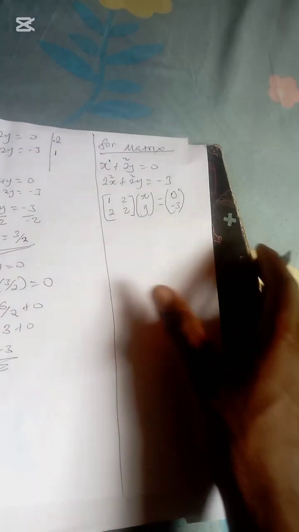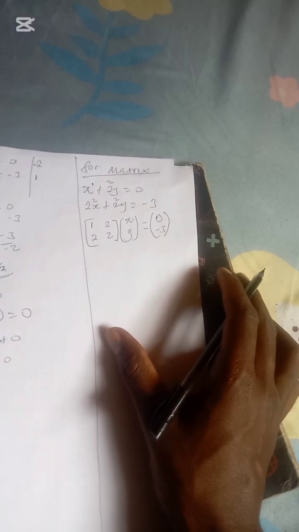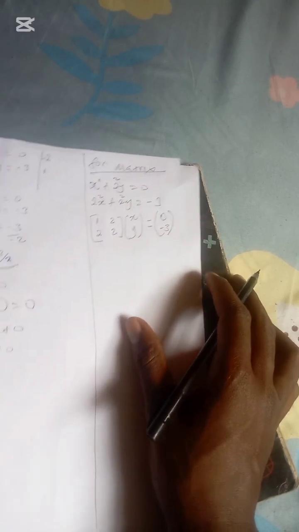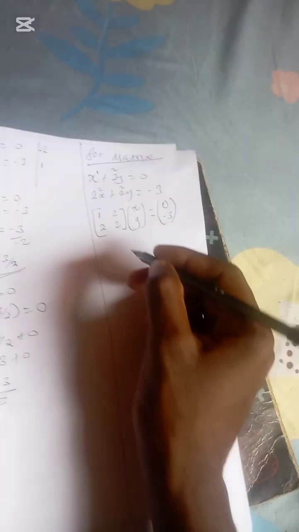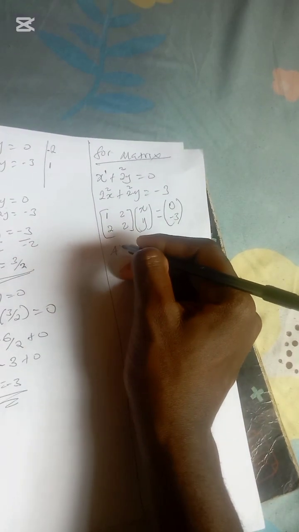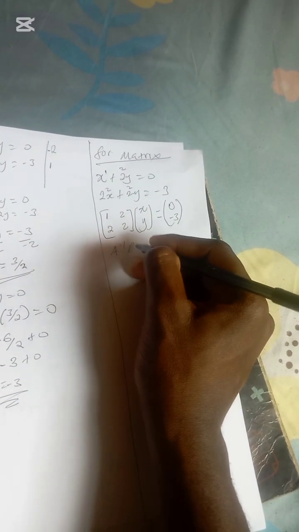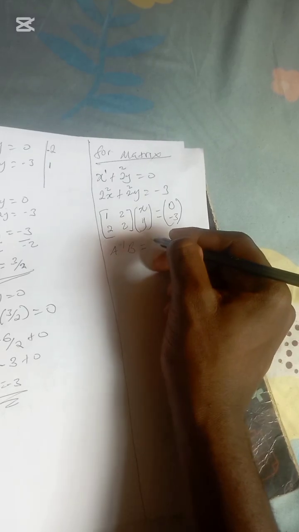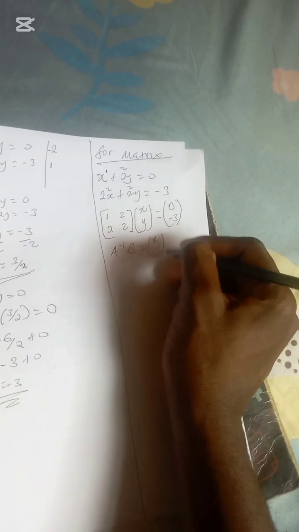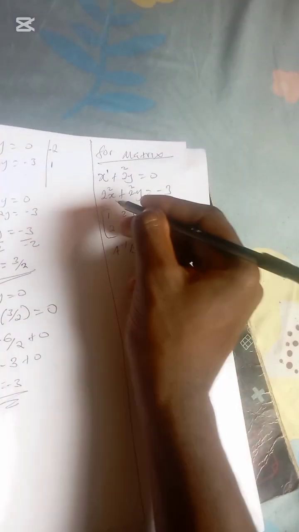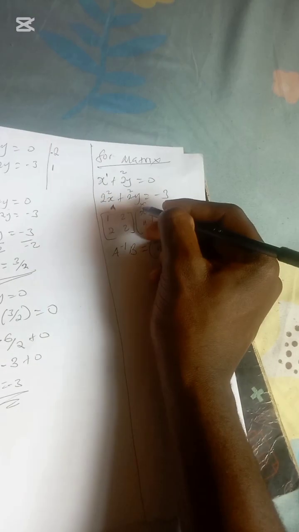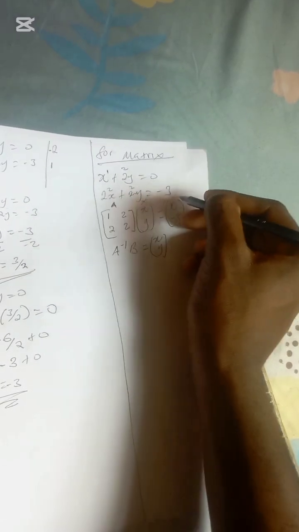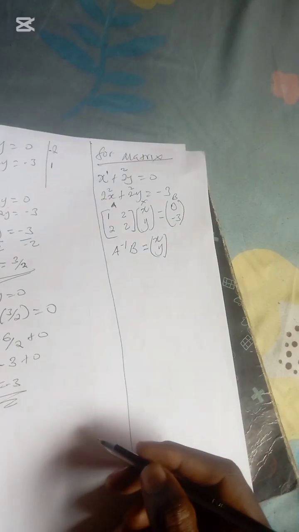We see there, right? Then from there now, what are we going to do? What we'll do here is that we need to find the inverse of A times B equals [x, y]. Are we together?